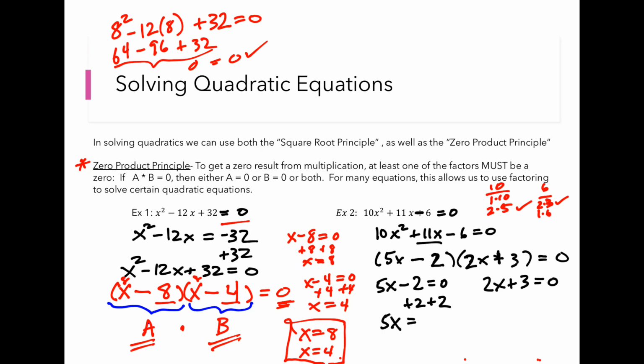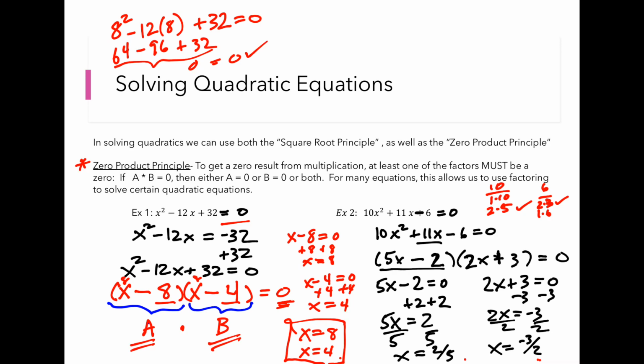So I have 5x equals 2, and then we divide by 5. We see x is equal to positive 2/5. And then for the other one, if I subtract 3, I have 2x equals negative 3, and then divide by 2, we get x is equal to negative 3/2. So 2 solutions, 2/5 and negative 3/2.